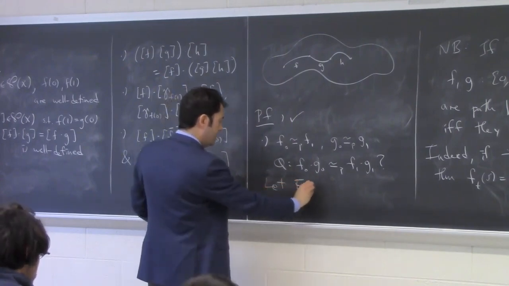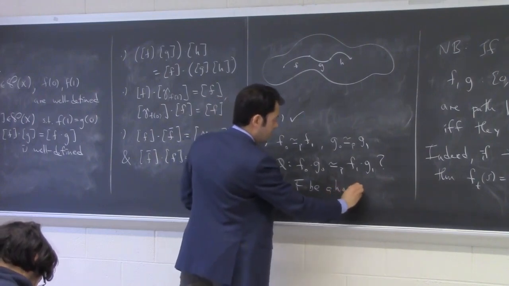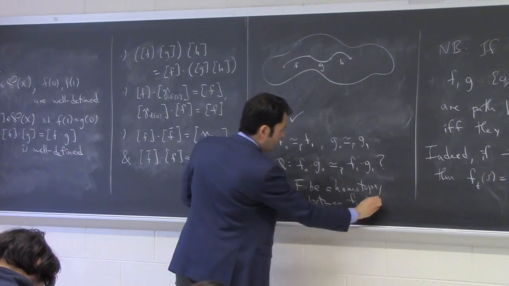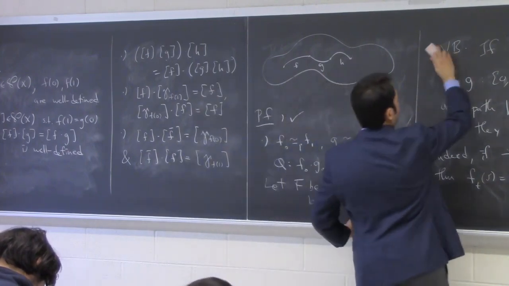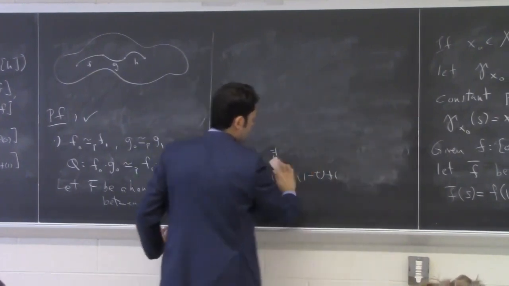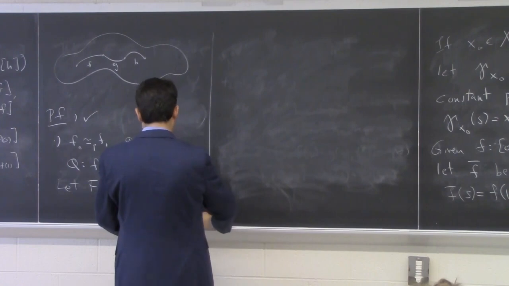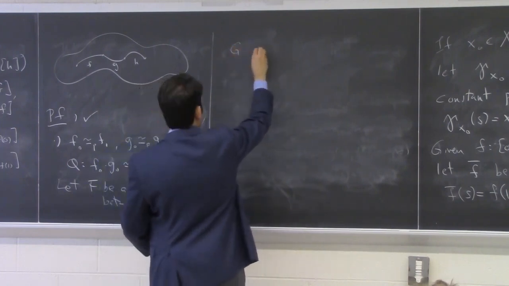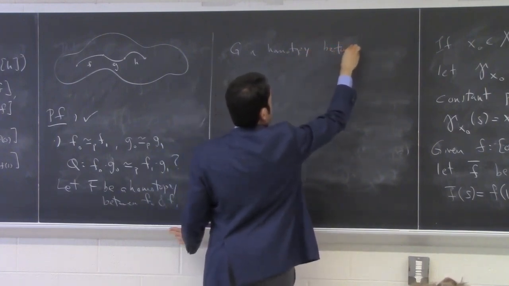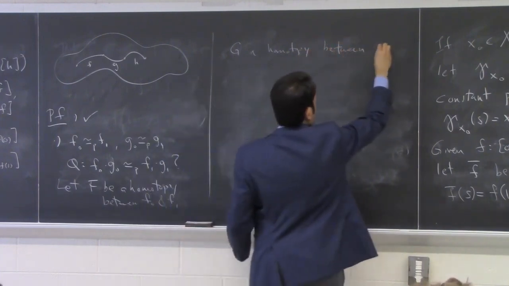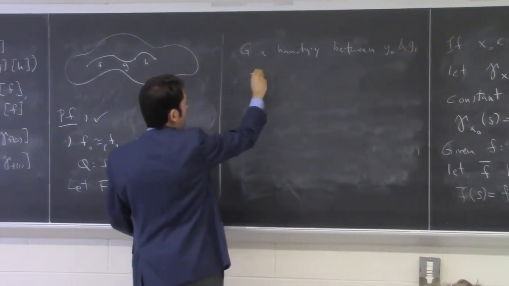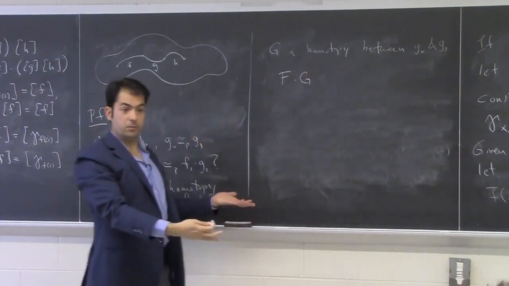Let F be a homotopy between f0 and f1, and G a homotopy between g0 and g1, and then just form F dot G. Just concatenate them.